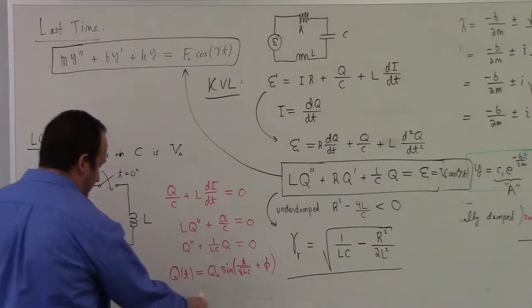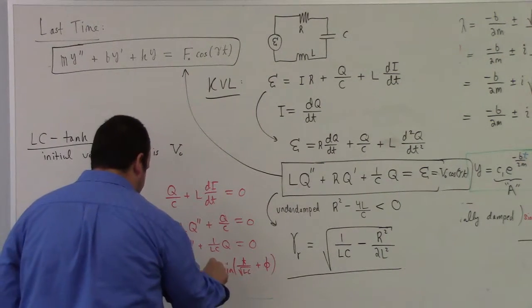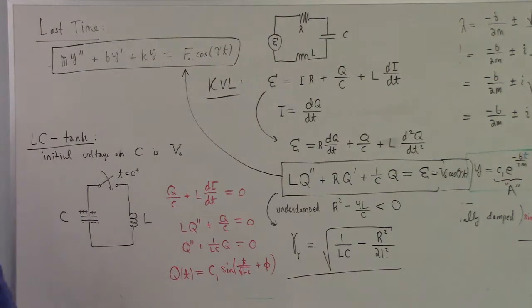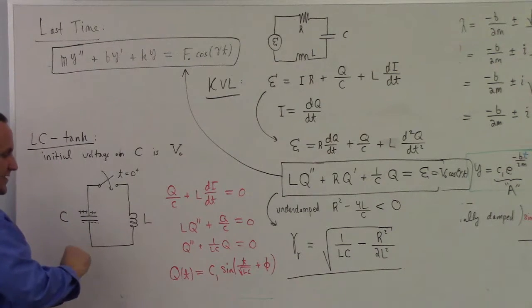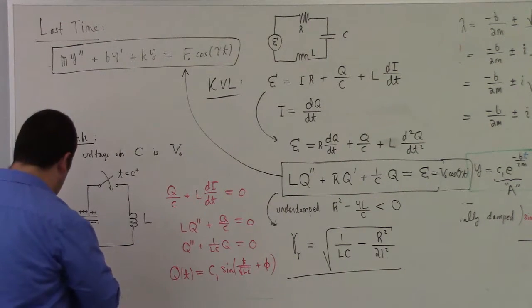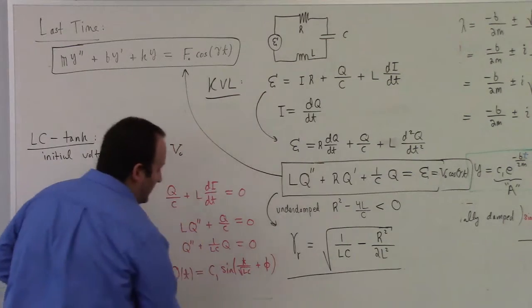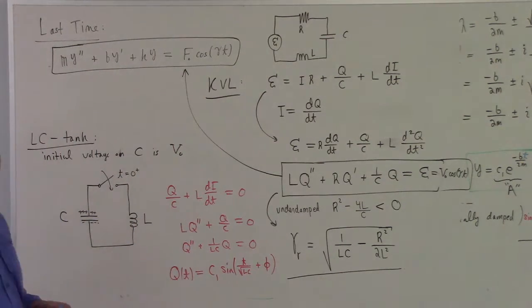Anyway, it's some constant. Let me say C1. Now, do you guys understand the math that I just did going from here to here? Let me unwrap it for you.